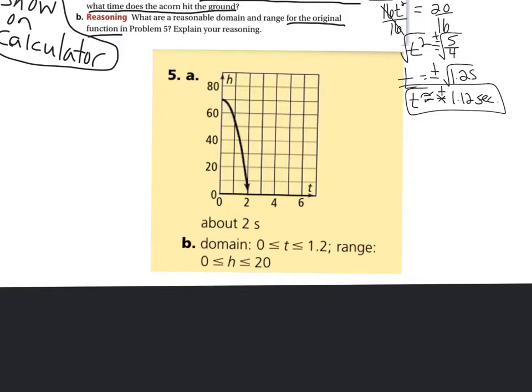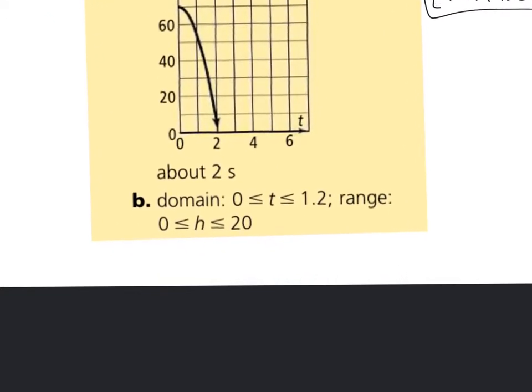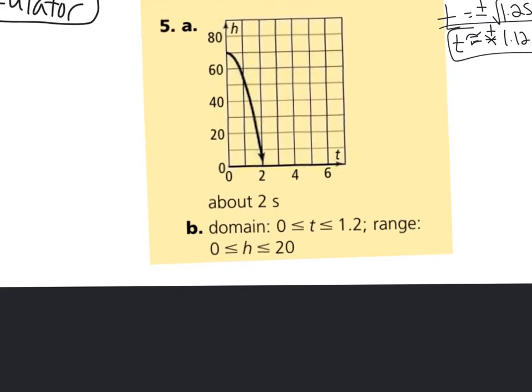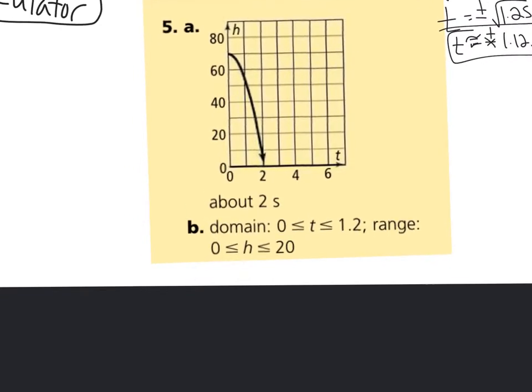So the domain, in this case, the domain is just looking at our possible x values. It's hitting the ground at about 2 seconds. So actually this should be about from 0 to 2.